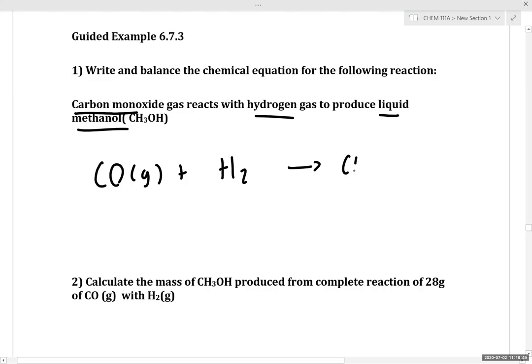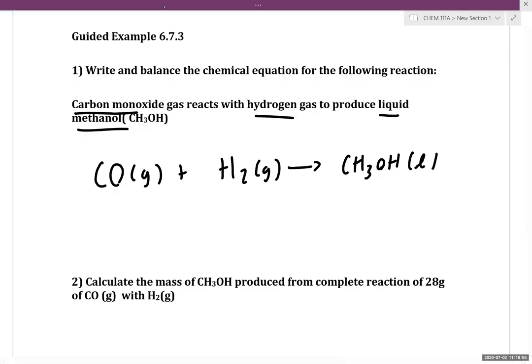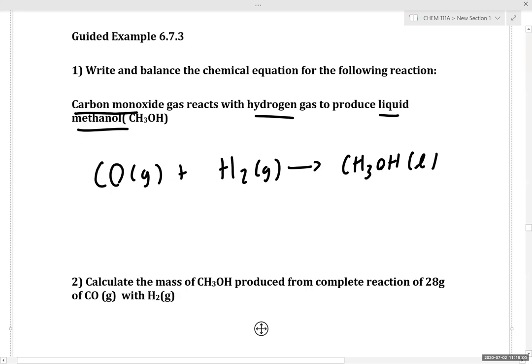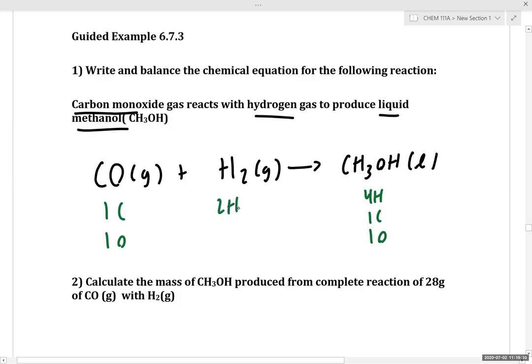So methanol is CH3OH. Okay, so now filling in our coefficients, we see we have 4 hydrogens, 1 carbon, and 1 oxygen on the right. Sorry, on the right. And we have 1 carbon, 1 oxygen, and 2 hydrogens on the left.